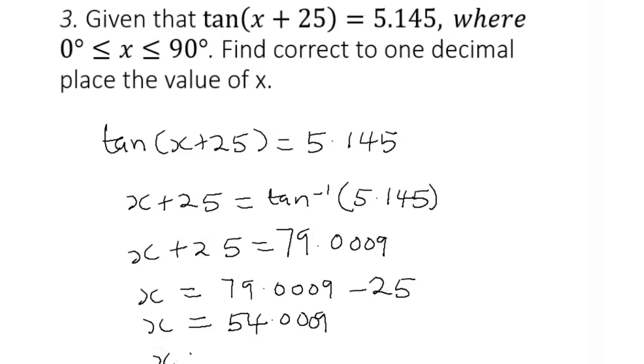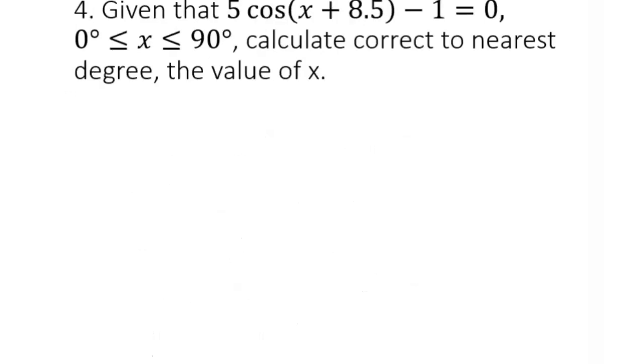But we were asked to correct our answer to one decimal place. So one decimal place will be 54.0 degrees. Don't forget to add your degrees, that is the unit. And when it comes to WASSCE questions, if you omit the unit, you will be penalized by subtracting 1 from your marks. And let's go to the next question.